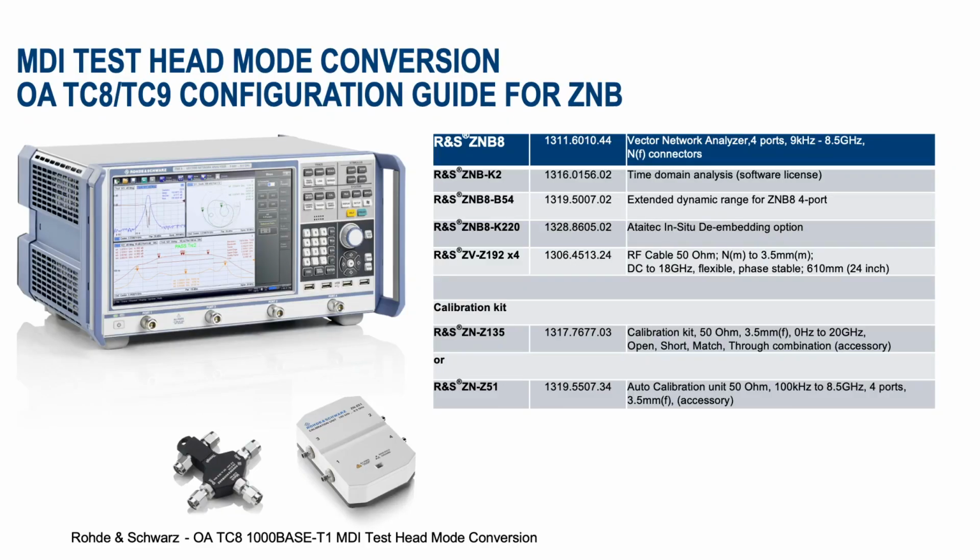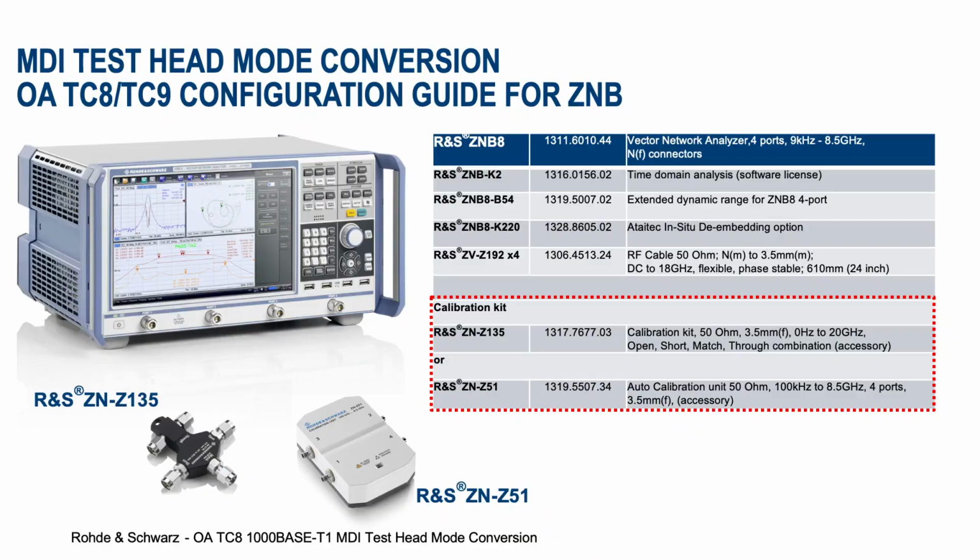And you will need a calibration kit and very phase-stable cables. And you can use what's recommended, a manual calibration kit. And you can alternatively use a calibration unit, but I would recommend the manual calibration because there the mode conversion after calibration will be lower.